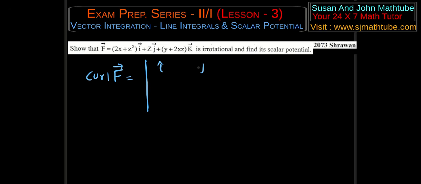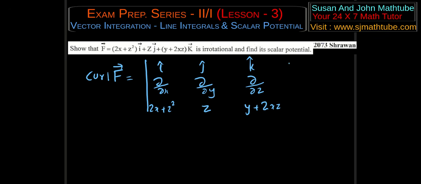So here we go, i, j, k and the partial operators by dou x, y and z, and of course the coefficients of i, j and k. Okay, so let's find the determinant value. So you have to differentiate partially with respect to y.